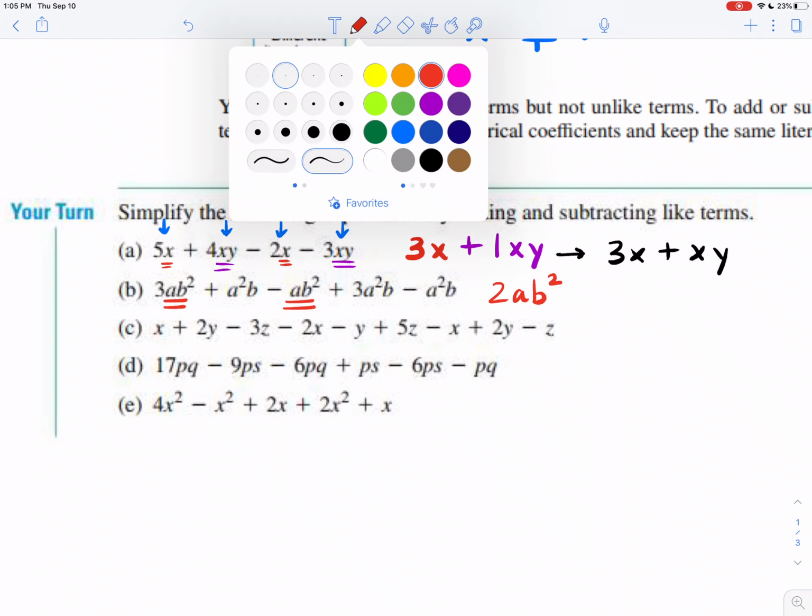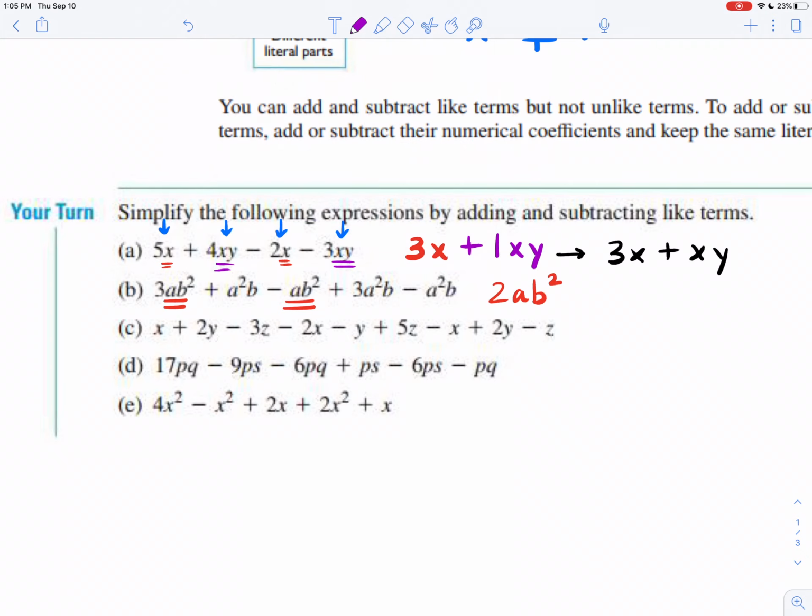All right, now, the next literal part I see is an a squared b. So again, I'm looking for things that have the exact same literal part. There's an a squared b here and an a squared b here. Looking at their coefficients, remember, if there's nothing in front, there is an implied 1. So I've got a 1 plus 3, right?